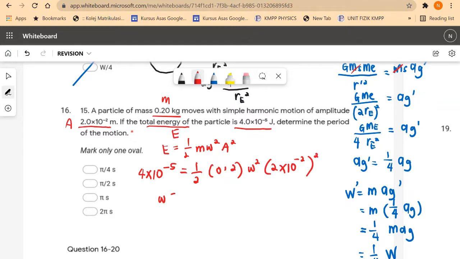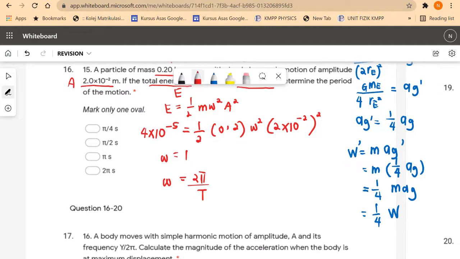So you can determine omega. Omega equals 1. And then from the formula omega equals 2 pi over period, substitute omega equals 1, so you can calculate the period. Period equals 2 pi seconds. So the answer for number 15 is D.